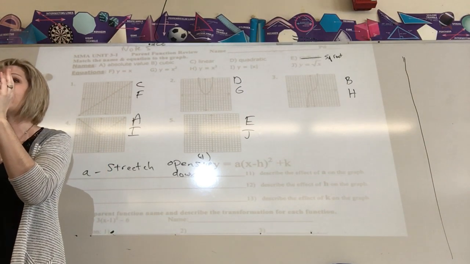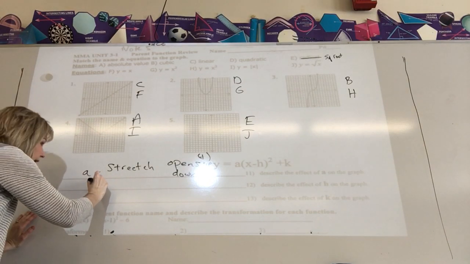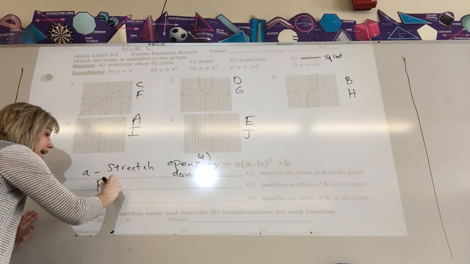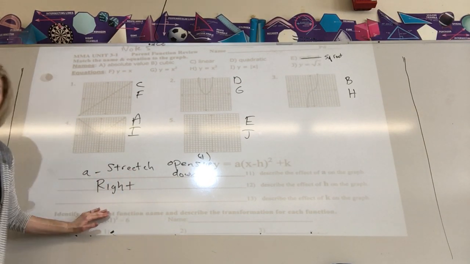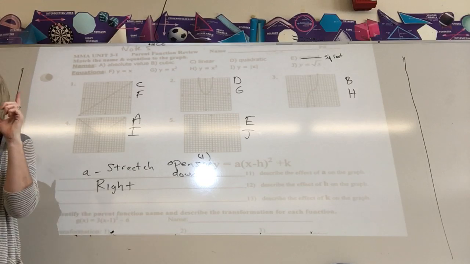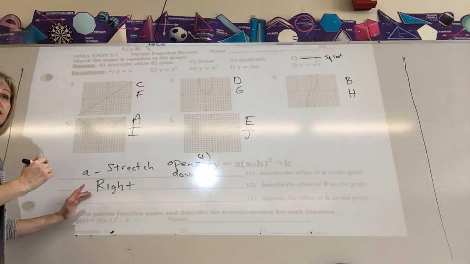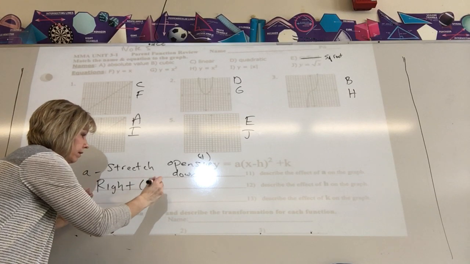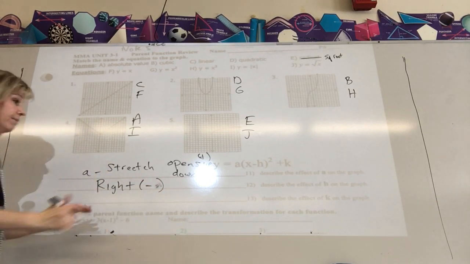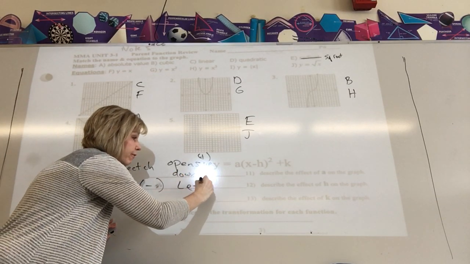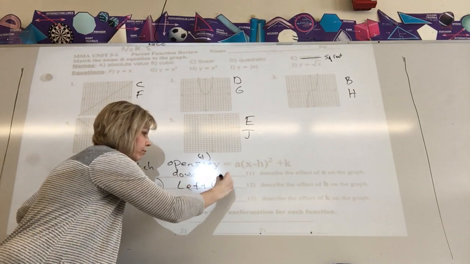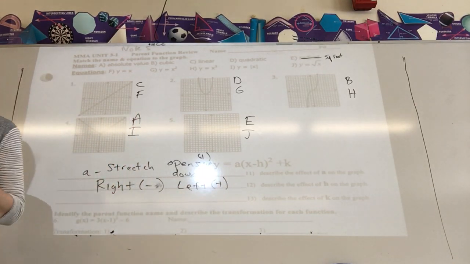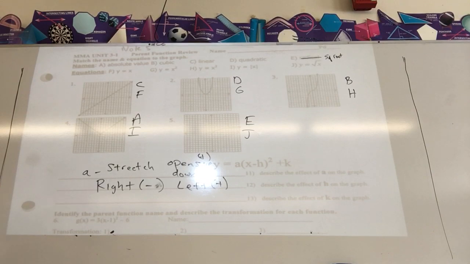It's going to the left or right. It moved it to the right if it was actually what? Remember, we had to think of the opposite. A negative would move it to the right, and it moves it to the left if it was actually positive. Remember, we'll get to problems like that in a minute. It was kind of the opposite.